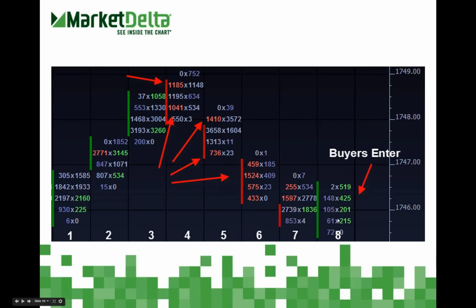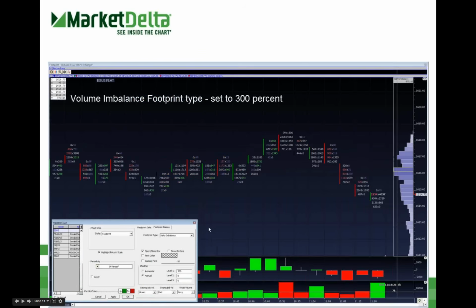It's actually a combination of prices, underscoring the fact that in this case we're up against a support level. Buyers enter back in to drive price higher, and up here we're up against a resistance level where the sellers enter to drive price lower. It just makes it very intuitive to watch the market rotate or trend or do whatever it's going to do. So let's take another example.